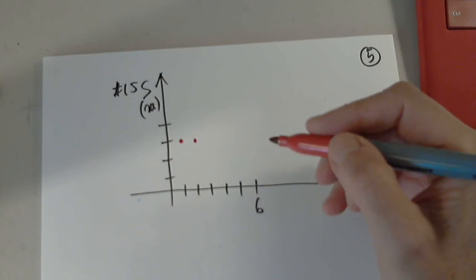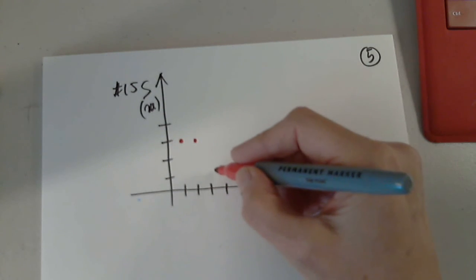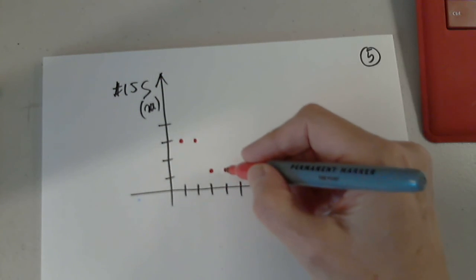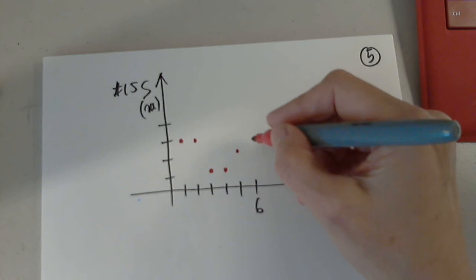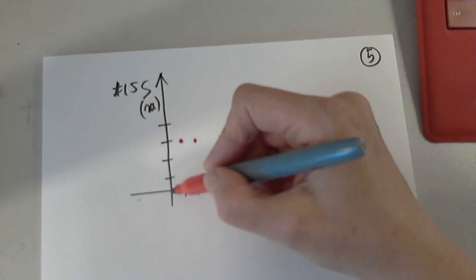And then continues to 2, 3, and then comes down to 3, 1, 4, 1, and 6, 2. 6, 3, sorry. Yeah. So here's the graph of the function.